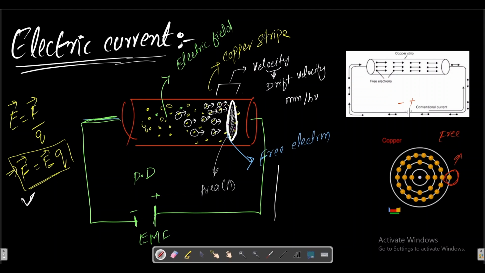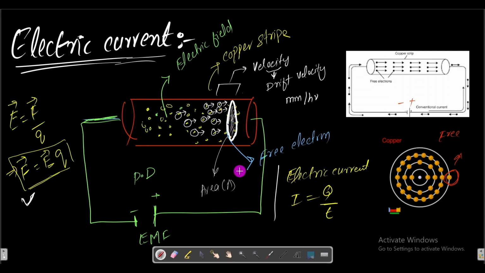Electric current is actually the amount of charge that passes through a specific area per unit time.